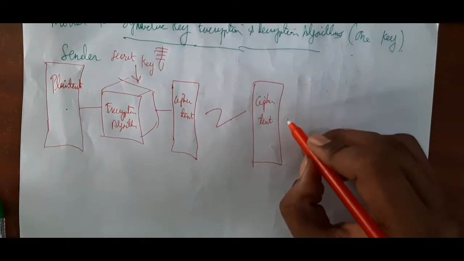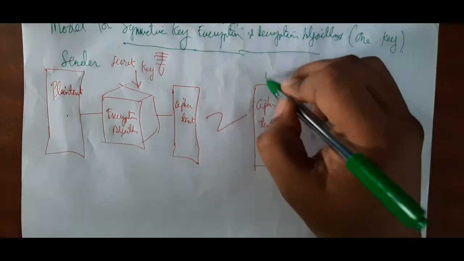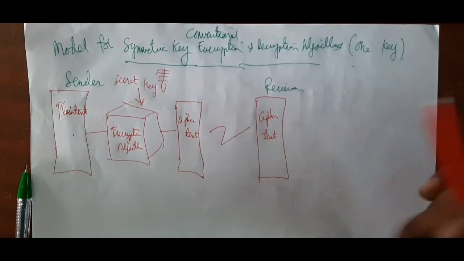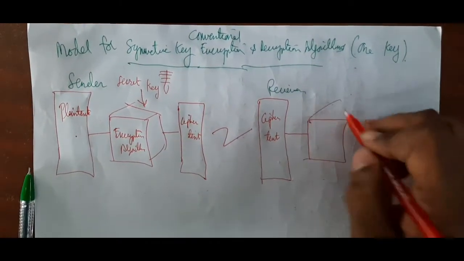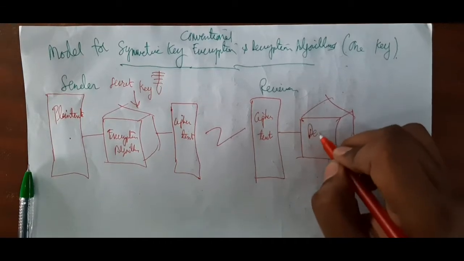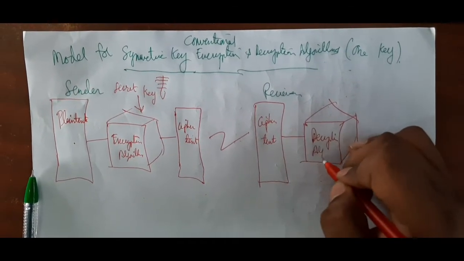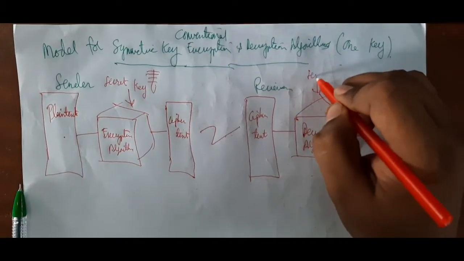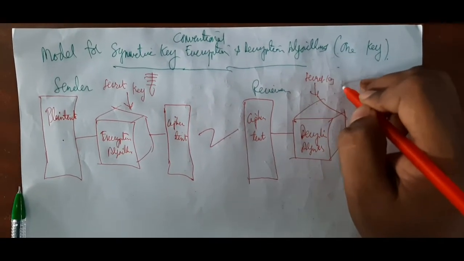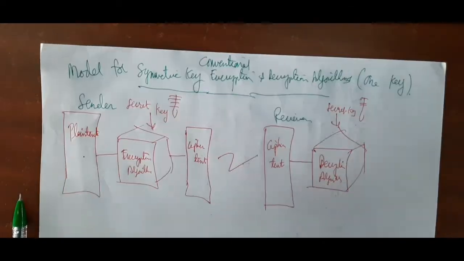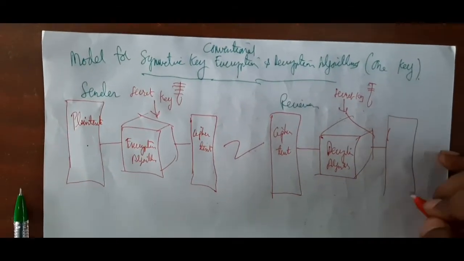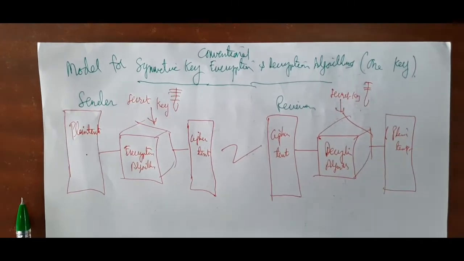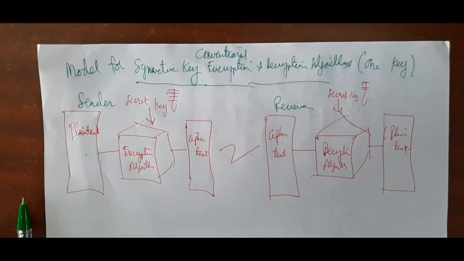And this fellow, the receiver, will be using the decryption algorithm, using the same secret key, he will convert the ciphertext back to plain text. So this is the general procedure that you are going to follow in the model of symmetric encryption, right?